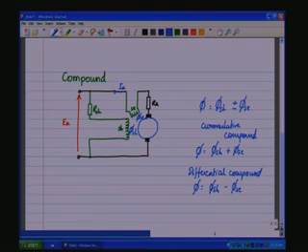So, in a cumulative compound, at initial startup condition, omega is equal to 0, there is no back EMF, IA has not started, but there is still IF, that is I shunt, which is going through the shunt winding.